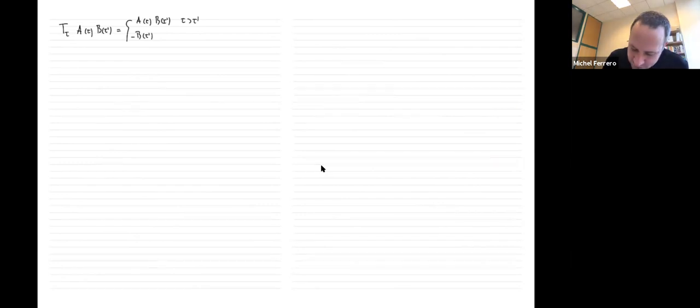But if I take T_tau of, say, A(tau) B(tau prime) for fermions, this will be A(tau) B(tau prime) if tau is larger than tau prime, and it will be minus B(tau prime) A(tau) if tau prime is larger than tau. It brings the largest time to the left. But because we're dealing with fermions, we also get an extra minus sign here. Sorry, that should be an A.